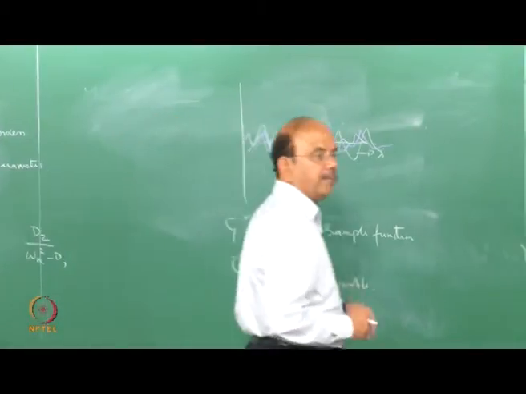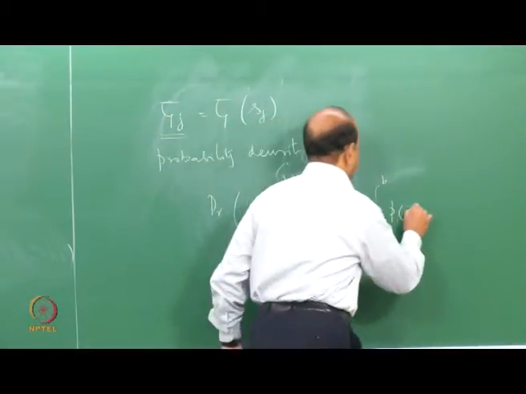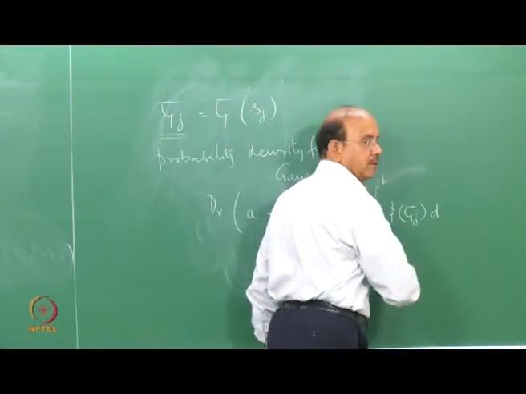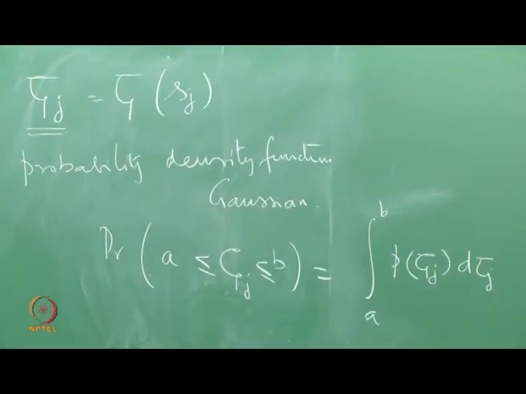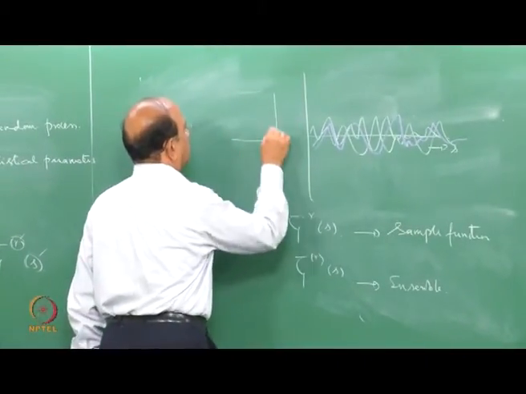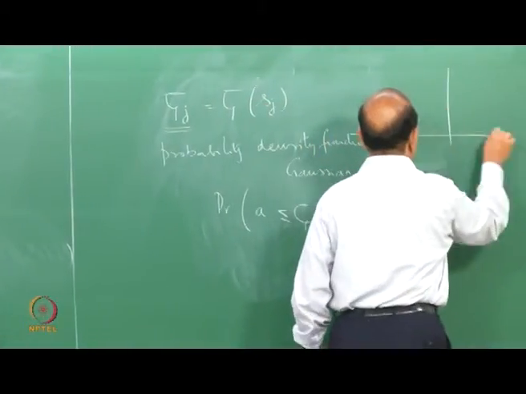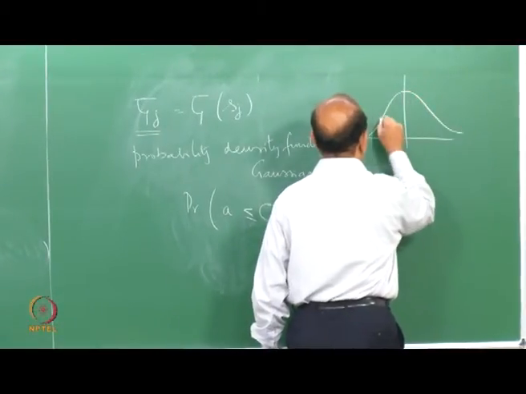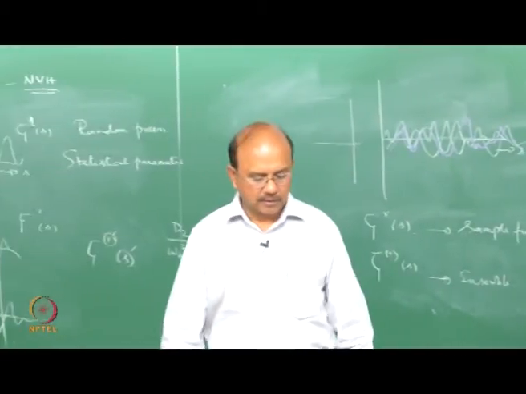So it is given by integrating the probability density function in that range and finding the area between A and B. In other words, I can plot the probability density function as a normal or Gaussian distribution. We'll put down the equations in a minute.